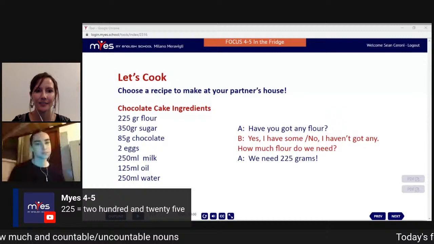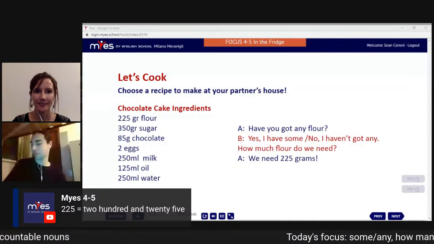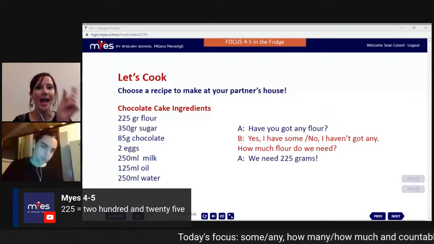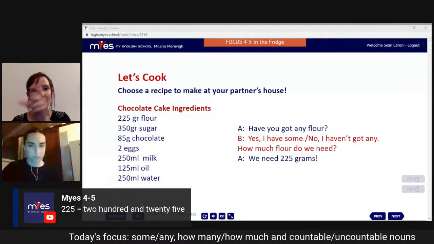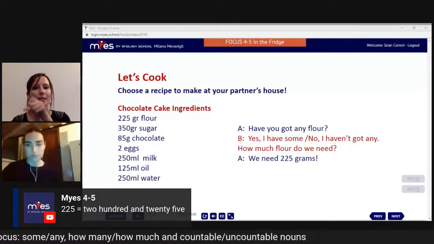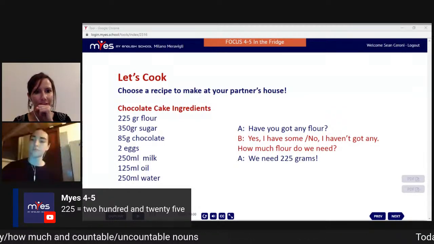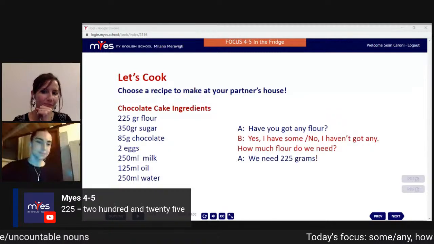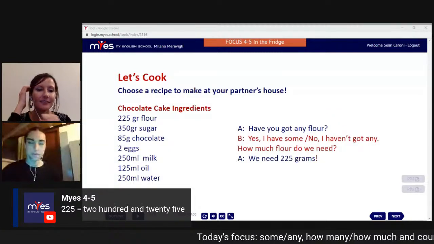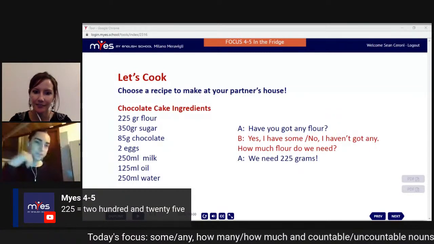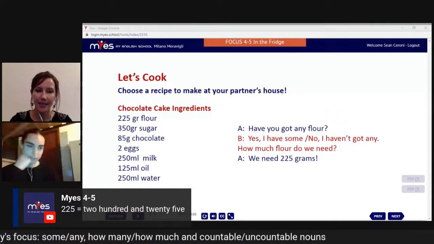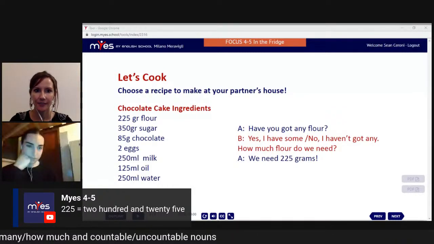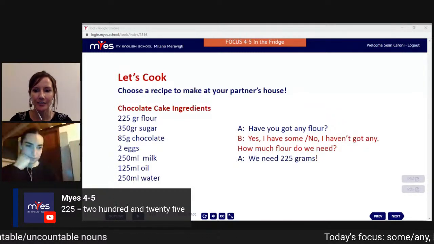Right, so we say the hundred, so the two, and then we have to say "and", so 225. The next one is the same pattern. So 350.